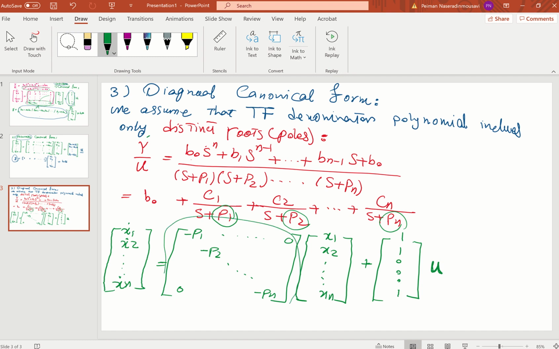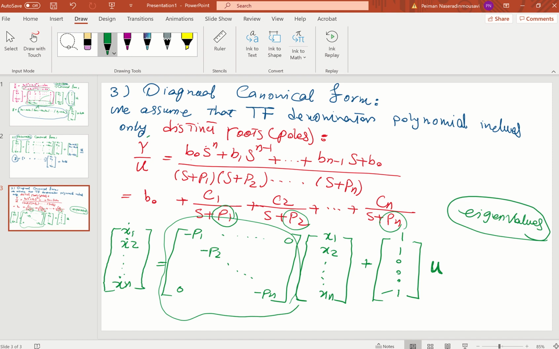Understand? You're going to ask, what's the advantage of this formulation? If you want to calculate the determinant of this matrix, it is only the multiplication of the diagonal elements p1, p2, p3, pn. It's very simple. If you want to calculate the eigenvalues of this matrix, you will understand in designing the controllers, eigenvalues I will teach you. The eigenvalues are going to be p1, p2, and pn.